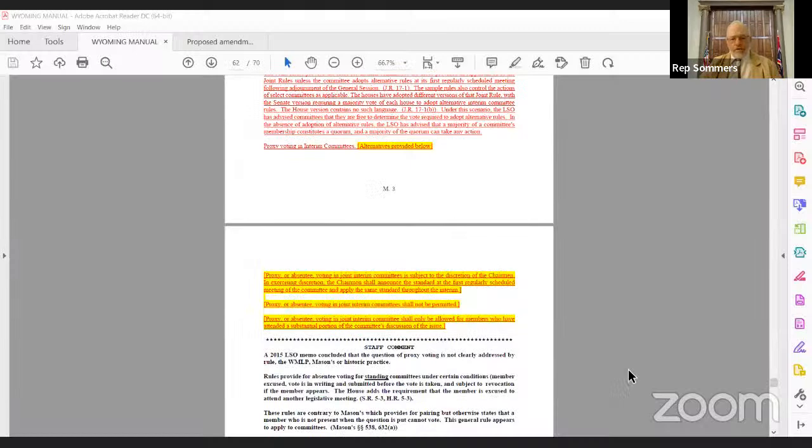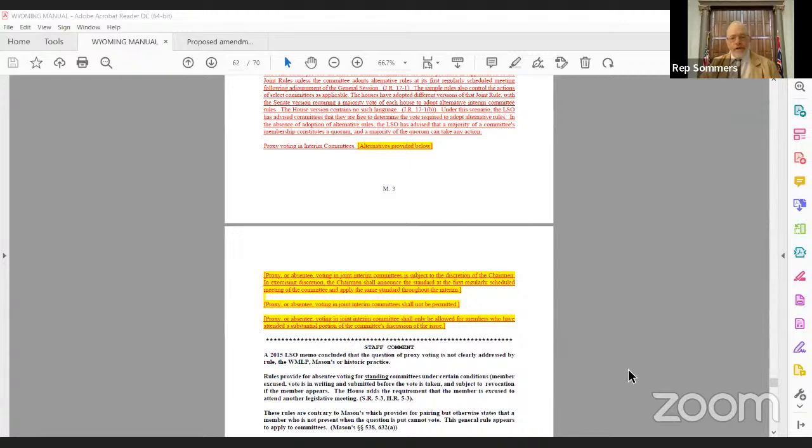Now let's pop back to that and choose which option we want to do. Katie, if you could run your magic again, I'd appreciate it. Thank you. Once again, the first one is subject to the chair. The second one is absentee voting shall not be permitted.